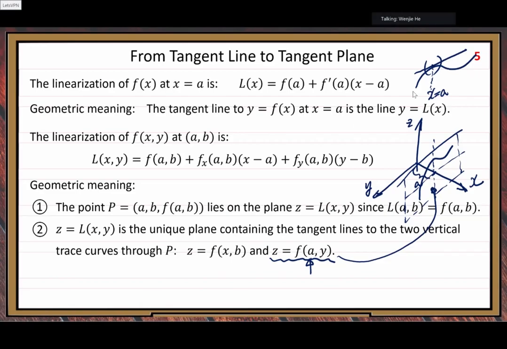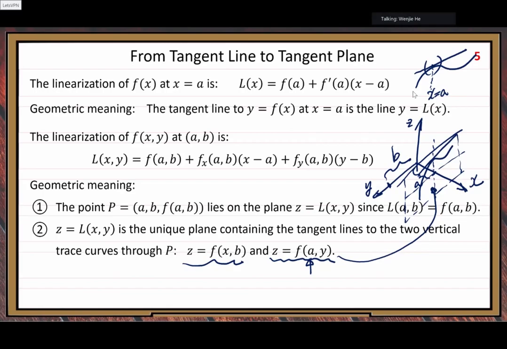Then there is a tangent line, okay? Tangent line of this curve, at point AB. Similarly, this one, you fix that y value, another vertical plane, okay? You take the vertical plane B, this place, you draw the curve and tangent line.